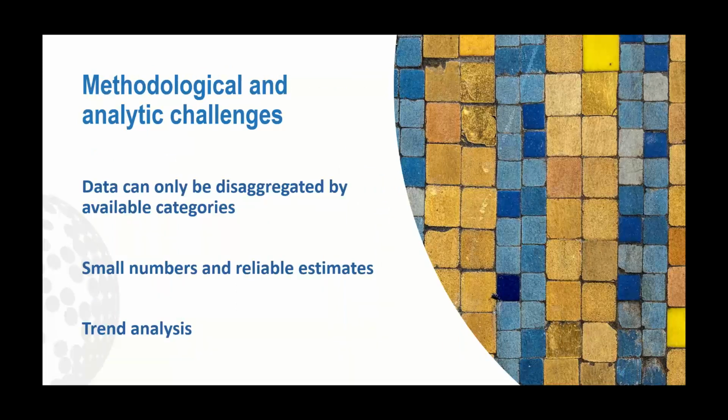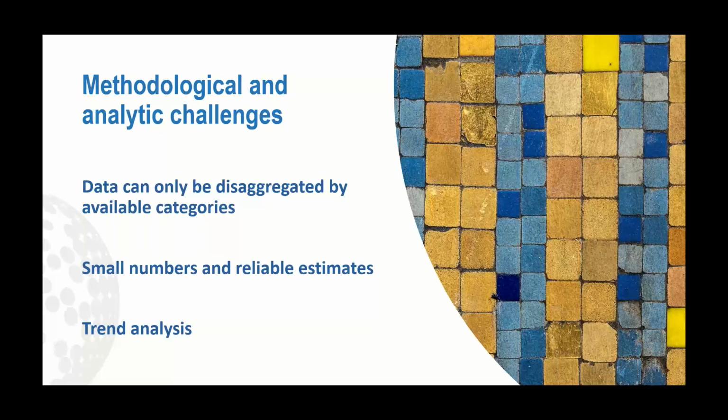Disaggregating data by race and ethnicity does present a few methodological and analytic challenges that you want to be mindful of. The first is that data can only be disaggregated by whatever categories are available. So when you're developing your analytic plan, it's important to think about how the available categories map onto what you're trying to explain or understand.